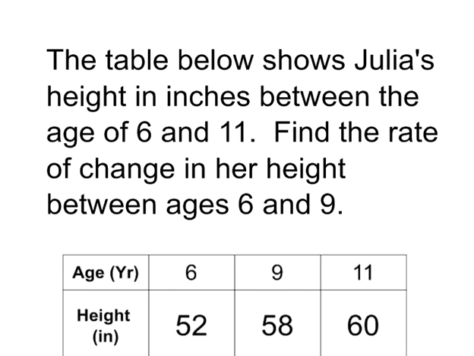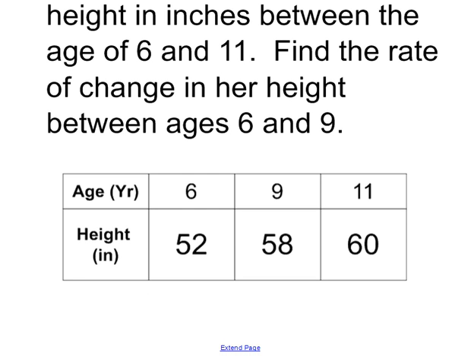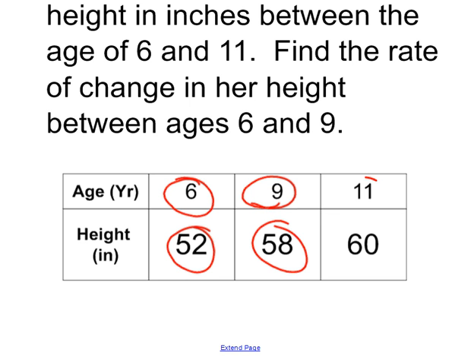The table below shows Julia's height in inches between the ages of 6 and 11. Find the rate of change in her height between the ages of 6 and 11. Well, here's the table. At age 6, she was 52 inches tall. At age 9, she was 58 inches tall. And at age 11, she was 60 inches tall.